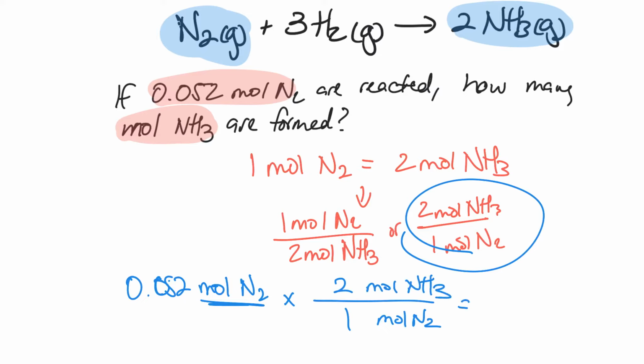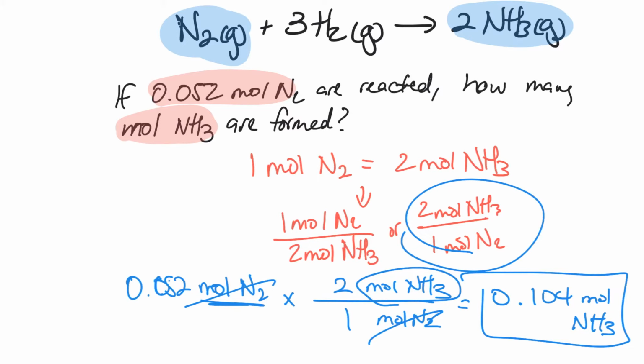Then you cross out moles of N2, and we're stuck with the units of moles of NH3. We multiply this through, and your answer is 0.104 moles of NH3. And that's your answer for this particular problem.